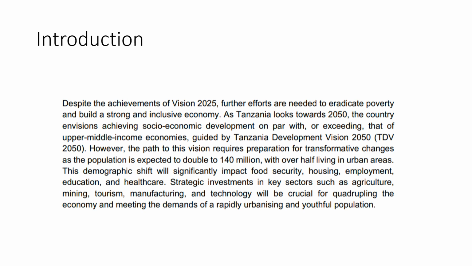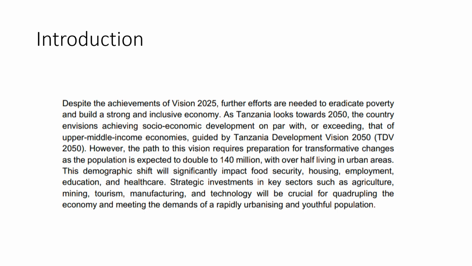With over half living in urban areas, this demographic shift will significantly impact food security, housing, employment, education, and healthcare. So strategic investments in key sectors such as agriculture, mining, tourism, manufacturing, and technology will be crucial for quadrupling the economy and meeting the demands of a rapidly urbanizing and youthful population.